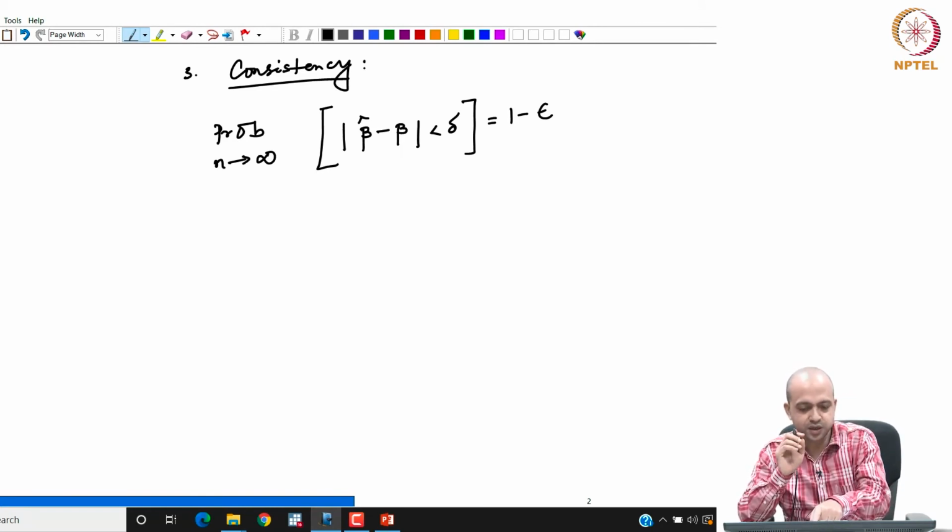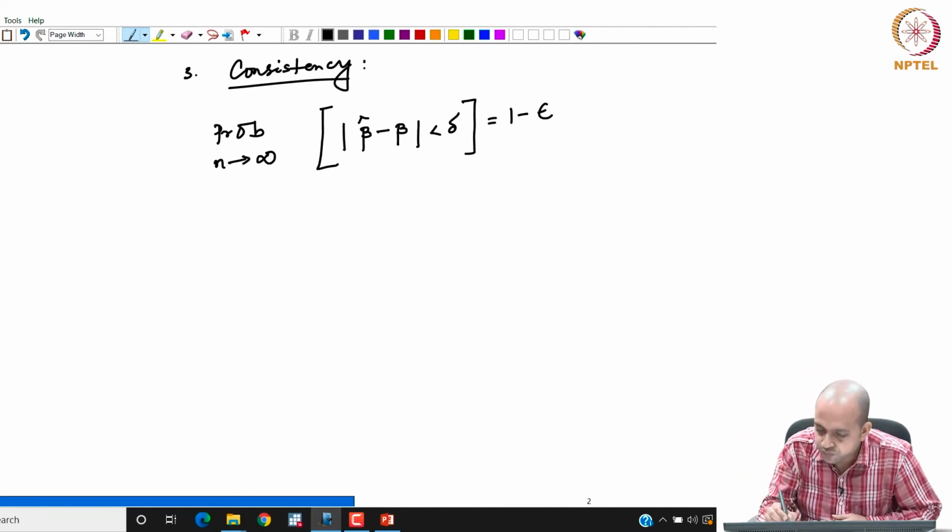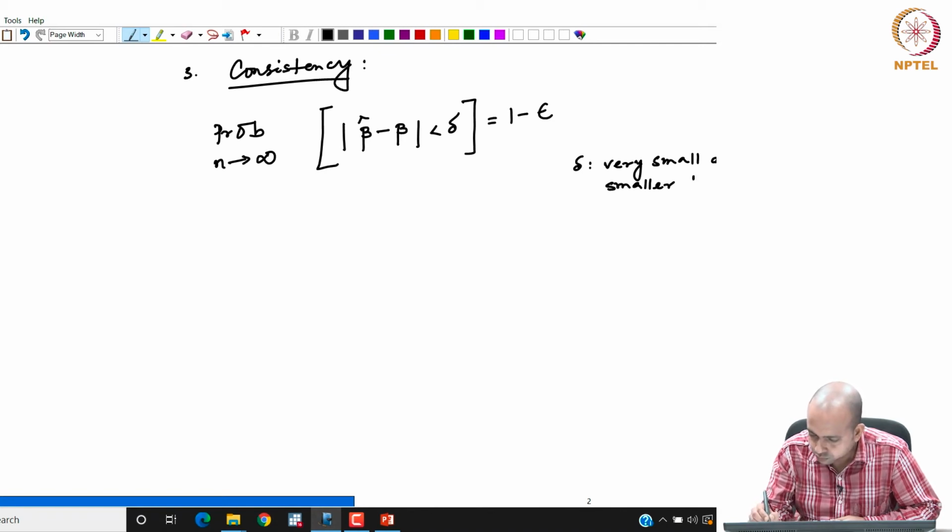That is why I said the difference is lower than delta, where delta is very small and smaller than what we can imagine.